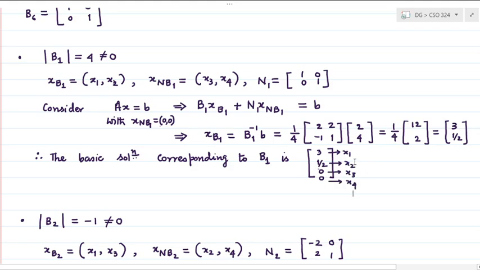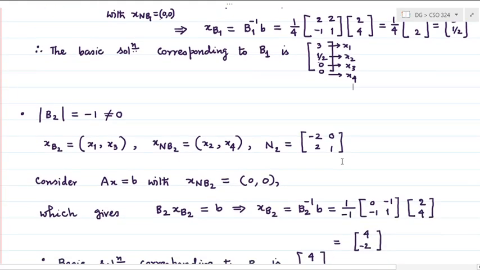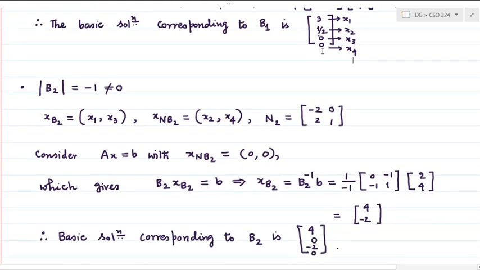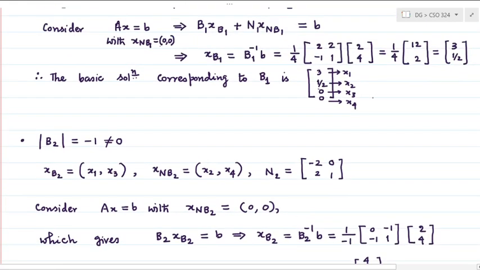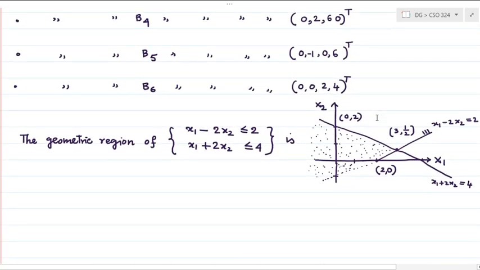And therefore in the plane of x1 x2 you have this point 3, 1/2. If I denote the basic solution by a1, then a1 is the location 3, 1/2.